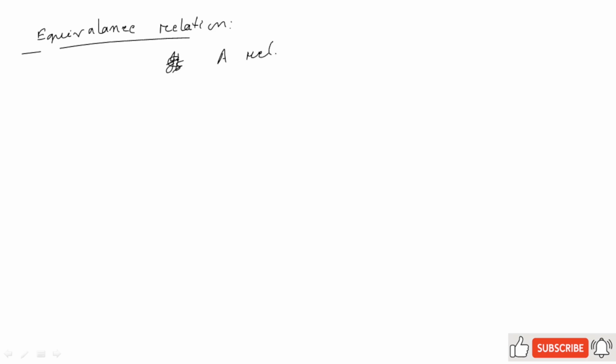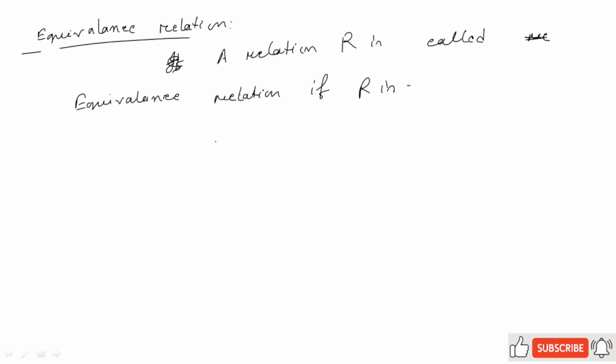A relation R is called an equivalence relation if R is reflexive, symmetric, and transitive.